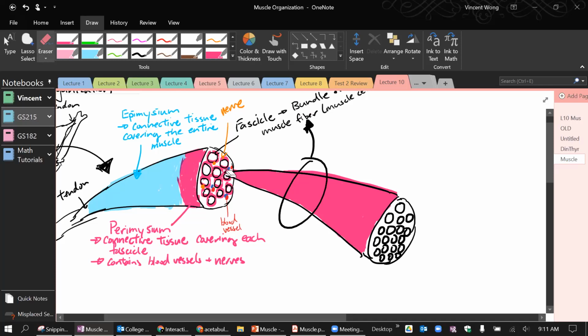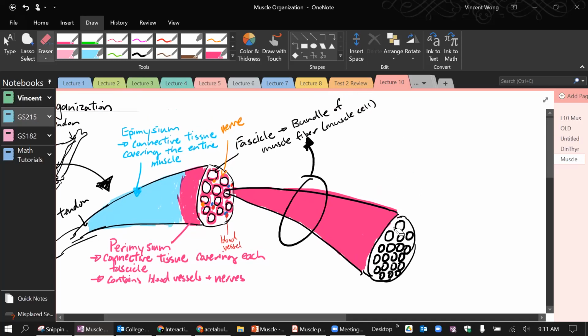Looking at one of those shreds, inside there are many, many smaller structures, and each of these circles is a muscle fiber, a muscle cell. So a group of muscle fibers will form a fascicle, and a group of fascicles will form the entire muscle.